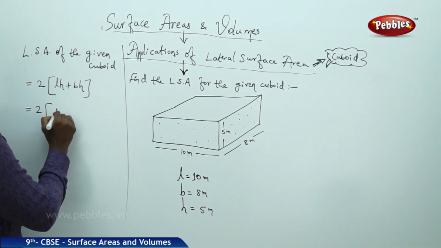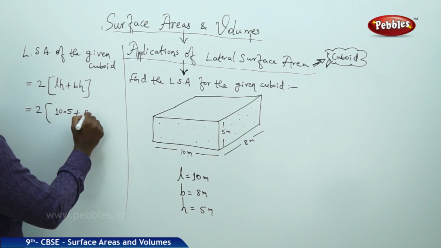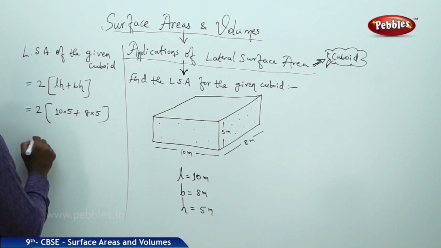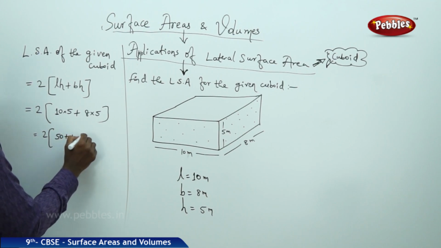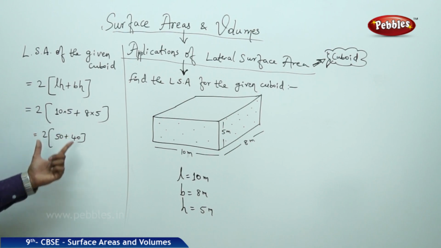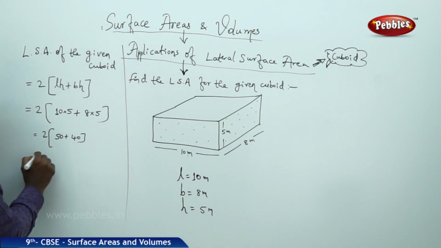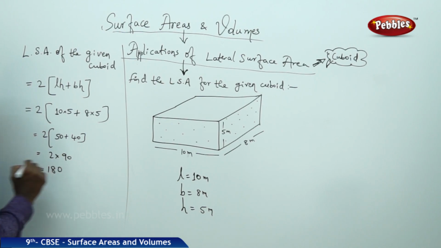LH plus BH. So this comes out to be LH plus BH, and then 2 times 90, which is 180. Therefore, the lateral surface area of the given cuboid is 180.